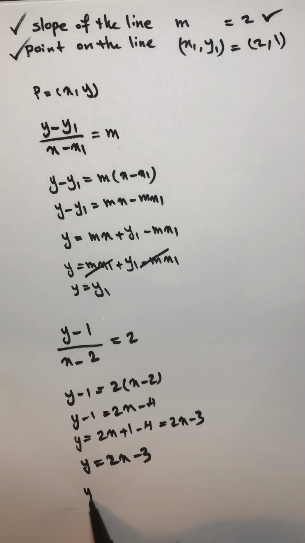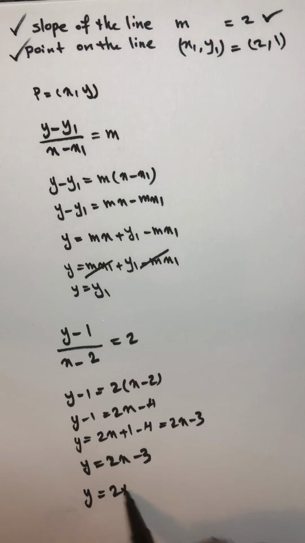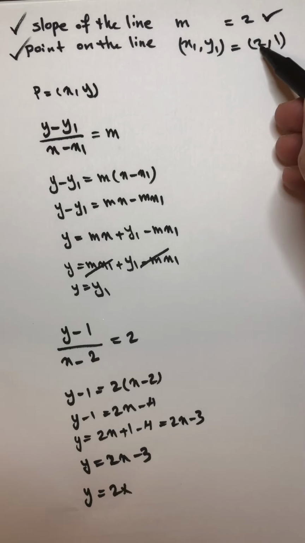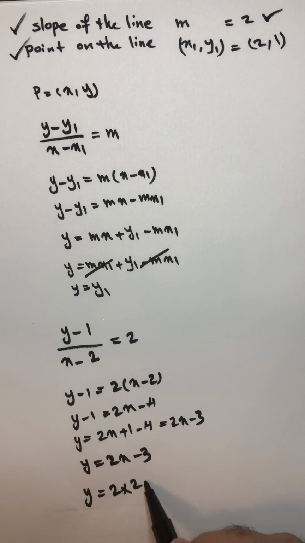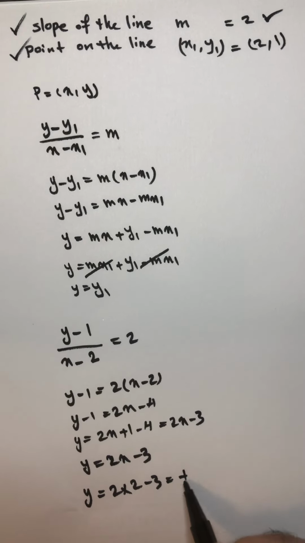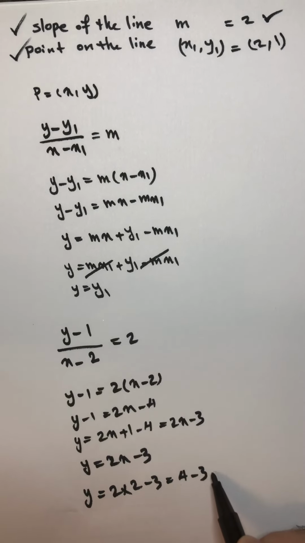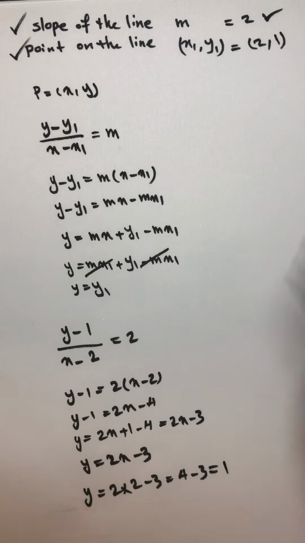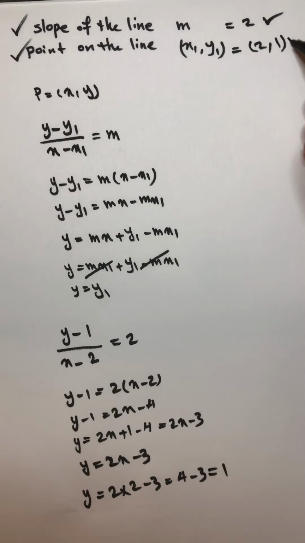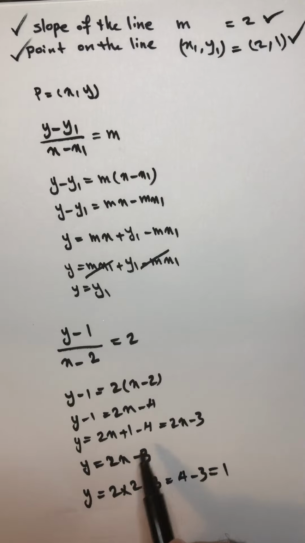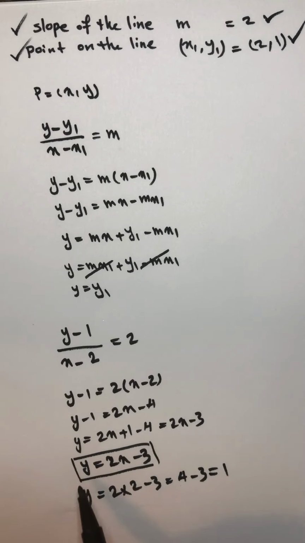So let's do it. y equals 2 multiplied by x1, which is 2, minus 3 is 4 minus 3 equals 1, which is y1. So this is also checked, which means that the equation that we found is actually correct for this example.